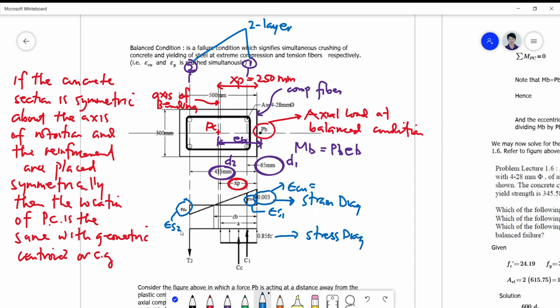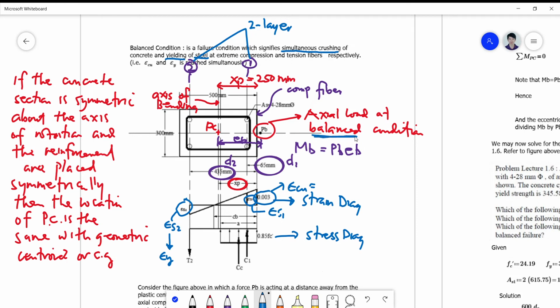Okay, but for balance condition, we need to remember that there is simultaneous crushing and yielding of concrete and steel respectively, at the extreme compression and tension fibers. So this is automatically epsilon y. So the steel here automatically yields at balance condition.